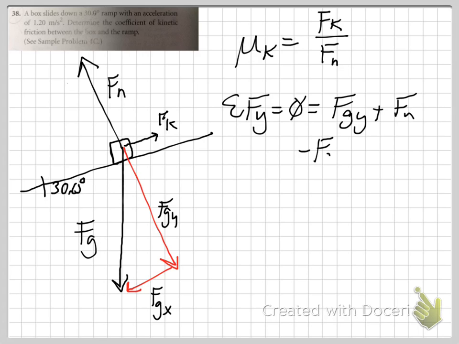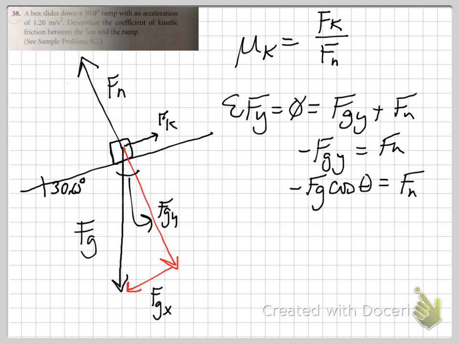So negative of Fgy equals Fn, or negative of Fg, and looking at that angle, it's going to be cosine theta equals Fn, and you can go one more and say, well, negative mg cosine theta equals Fn.